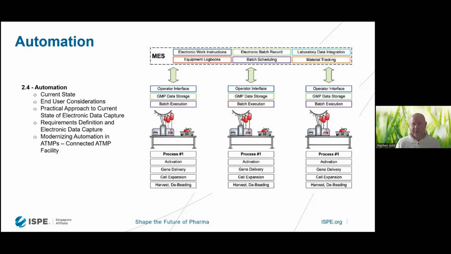So having your MES properly set up, and the chain of identity properly linked into each manufacturing step, is critical to ensuring that your chain of identity is as robust as possible.